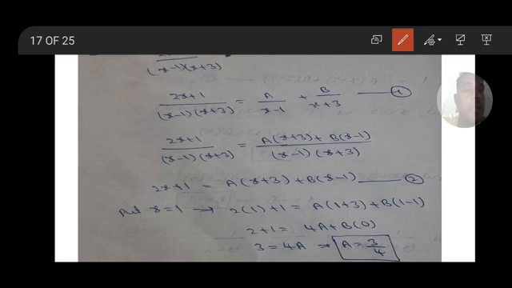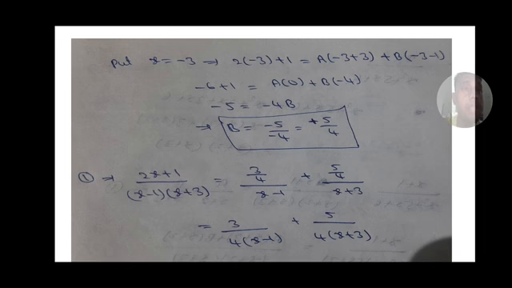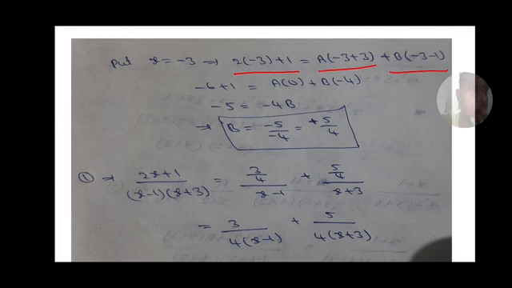Next, to get the b value, the a term must be 0, that is, x plus 3 equal to 0, which means x equal to minus 3 in equation 2. So substitute x equal to minus 3 in equation 2. We get 2 into minus 3 plus 1 equals a into minus 3 plus 3 plus b into minus 3 minus 1.